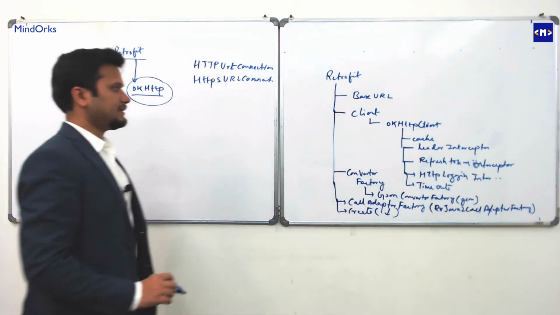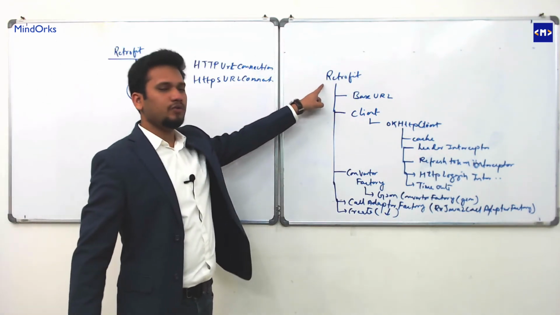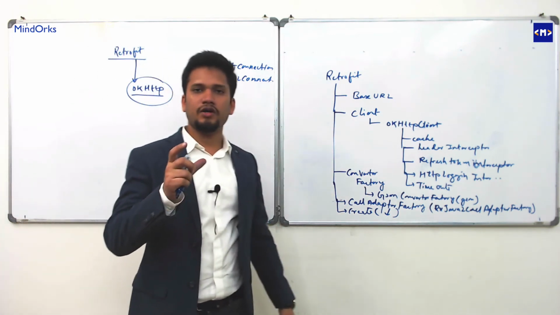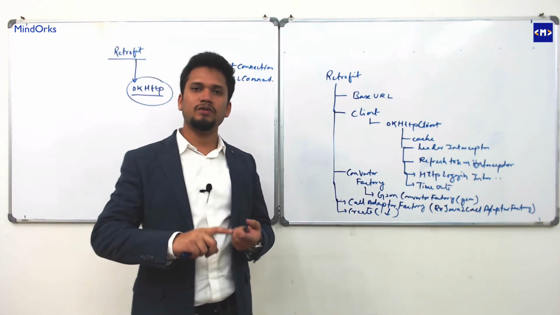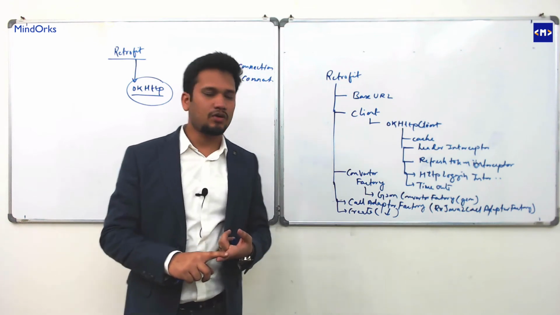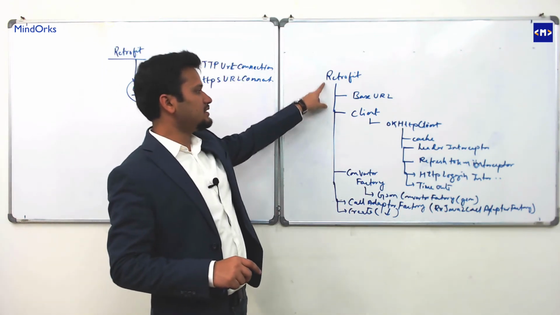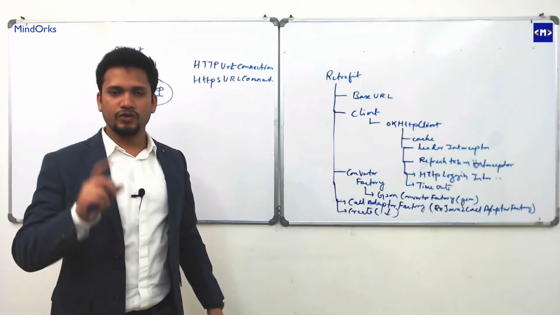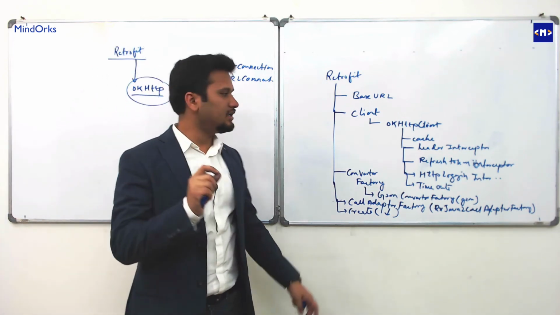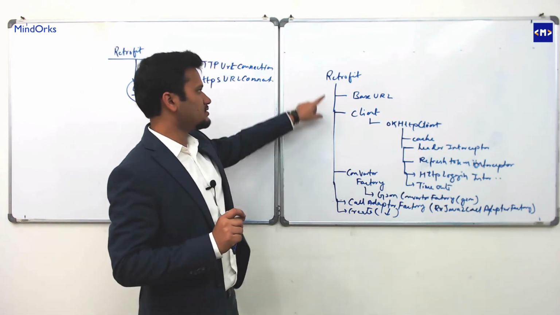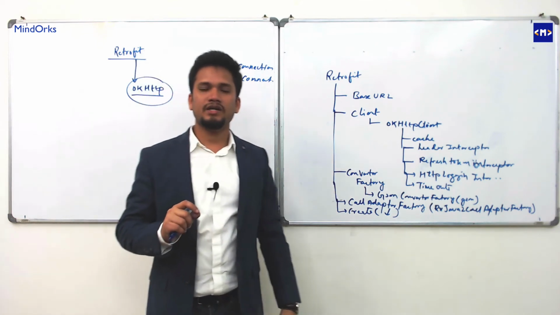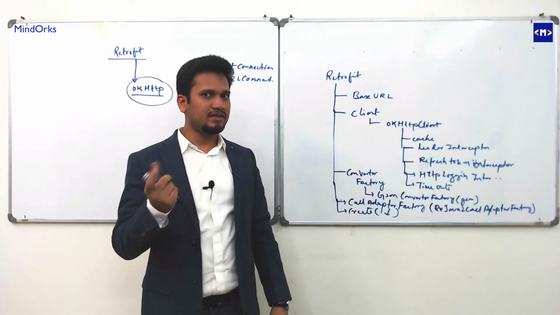Let's see what that is. If you look at our network service networking module in the base project, you will see this code in the networking class, which has a create method. It gets one instance of this Retrofit, and this is maintained as a singleton. Why is it a singleton?